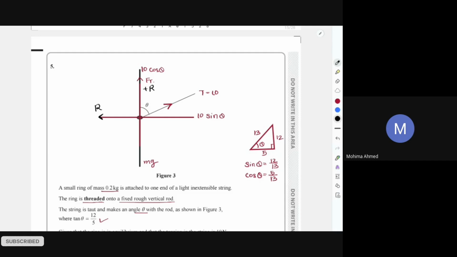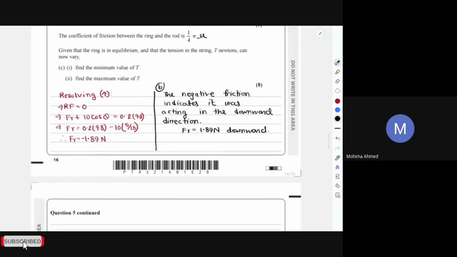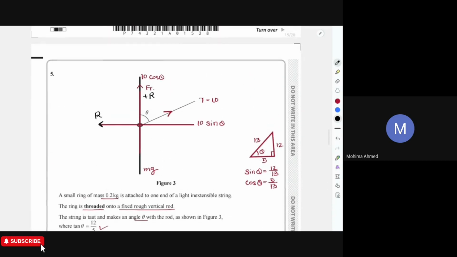So if I want to find out in which direction I get the maximum and minimum force, I will have to calculate that separately. So if I have to calculate the minimum force, for example, this one will be the minimum force because only R equals 10 sine theta, and sine theta is 12 by 13. So minimum R is just going to be 10 times 12 by 13.